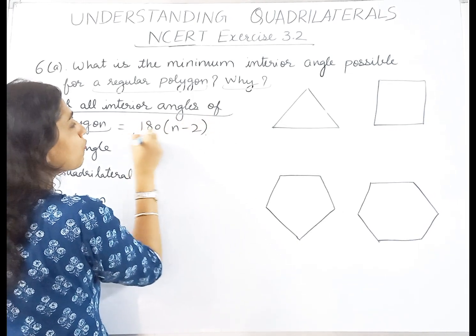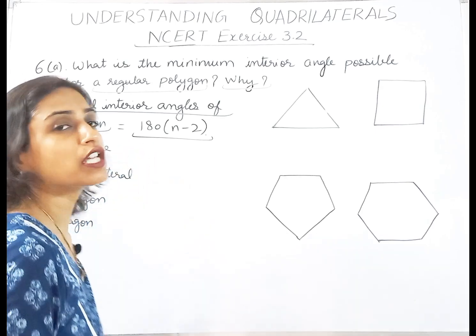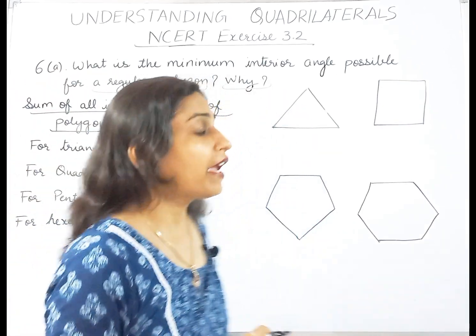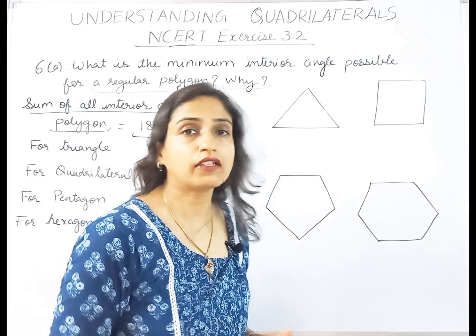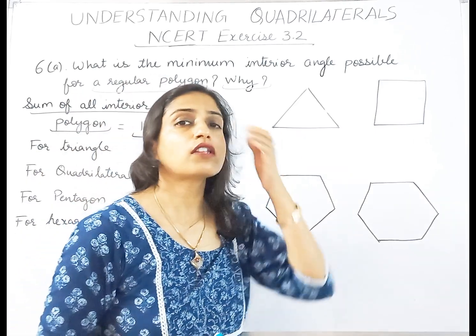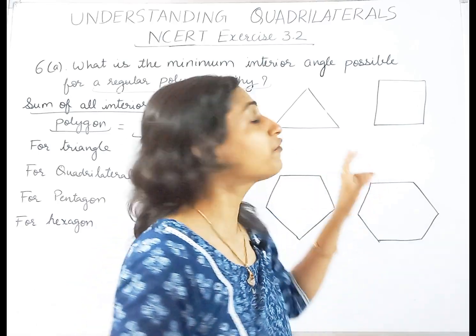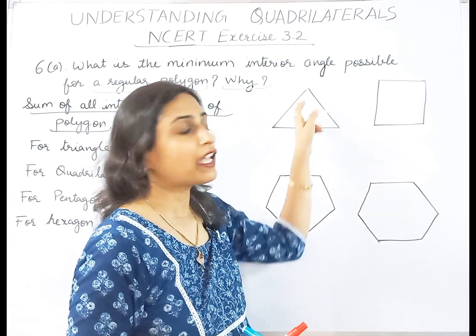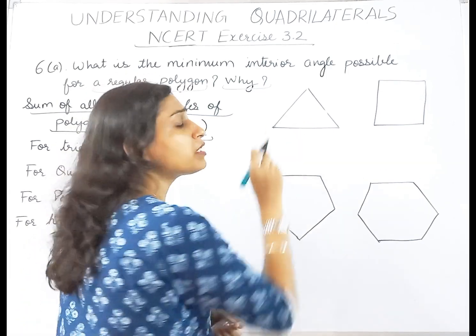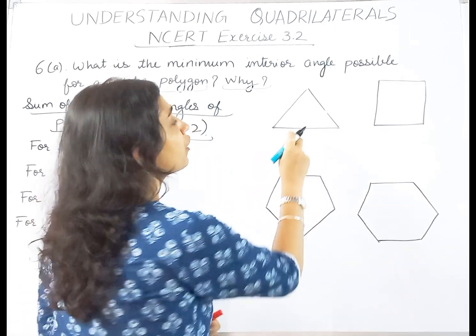When we talk about the polygon, the minimum possible polygon is a triangle, because a polygon has to have 3 sides. Only then can it form a closed figure. So the minimum sides that a polygon can have is 3.